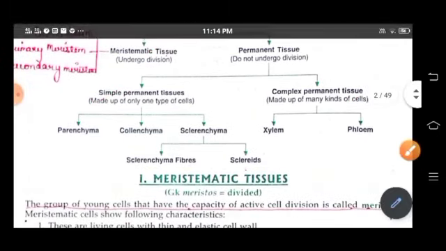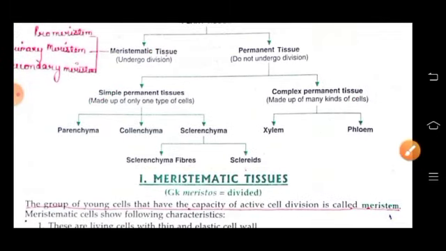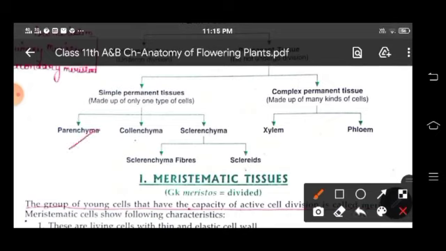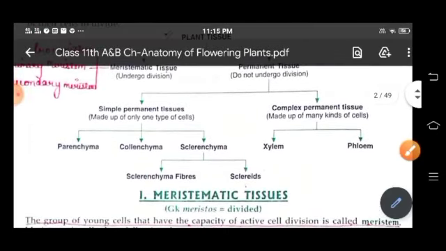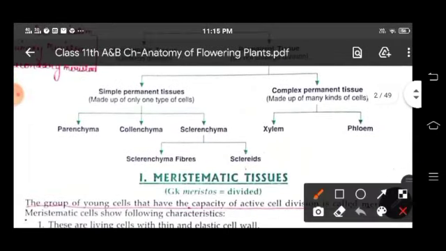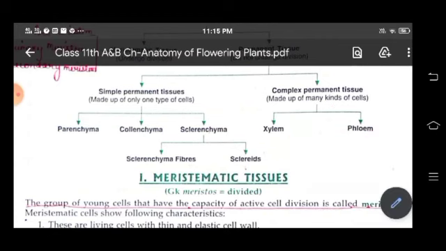Simple permanent tissue is divided into three categories, parenchyma, collenchyma, and sclerenchyma, where sclerenchyma is again divided into sclerenchyma fibers and sclereids. Complex permanent tissue is divided into two, xylem and phloem, which are also known as vascular tissue.